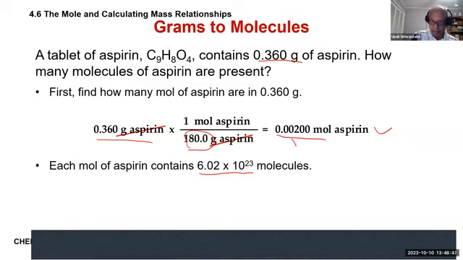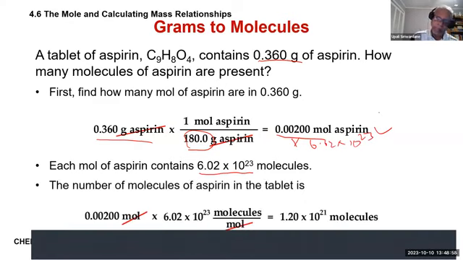Therefore, this multiplied by Avogadro number, 6.02 times 10 to the 23, gives the number of molecules. That's how you calculate how many molecules are in 0.0020 moles of compound. If you know the moles and you ask for particles, ions, molecules, you multiply the moles by Avogadro number and you get the number of particles. Particles could be ions, molecules, etc.